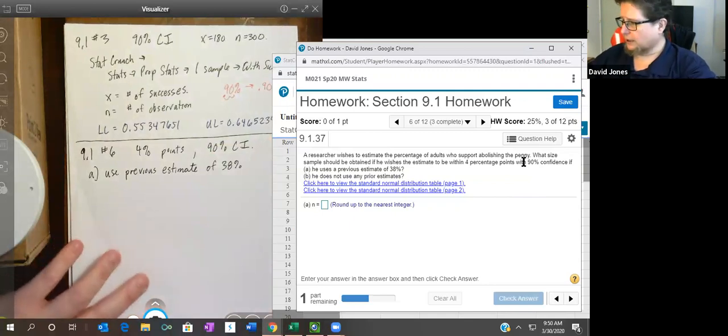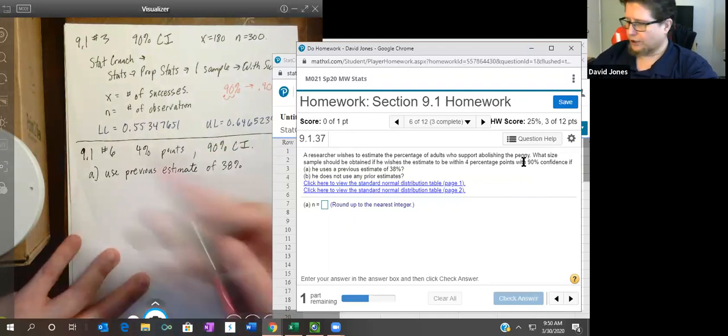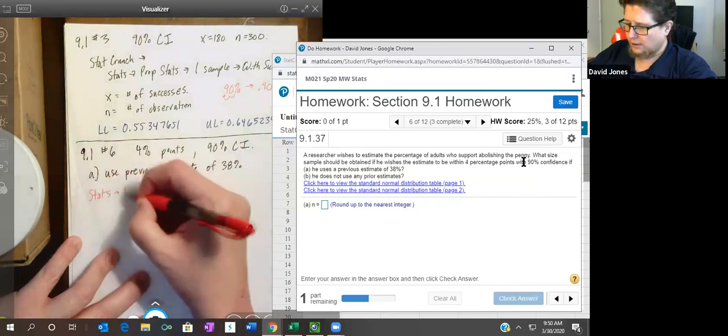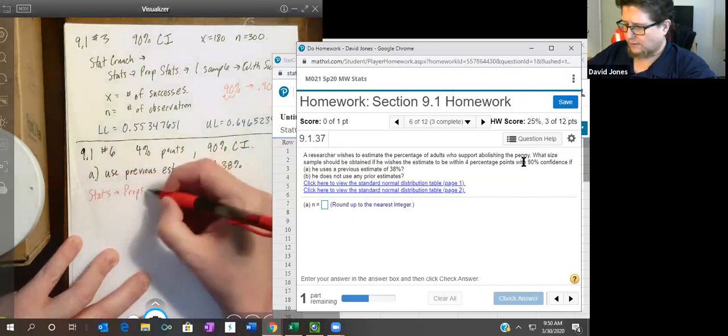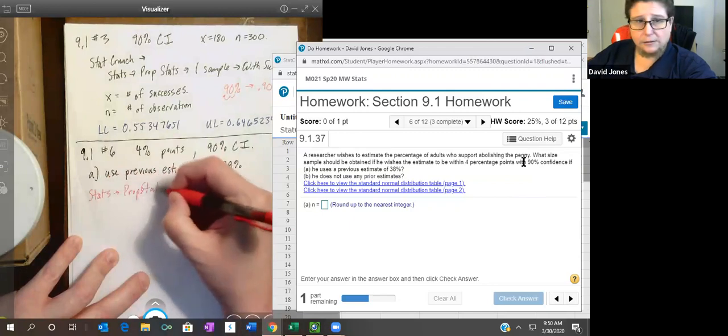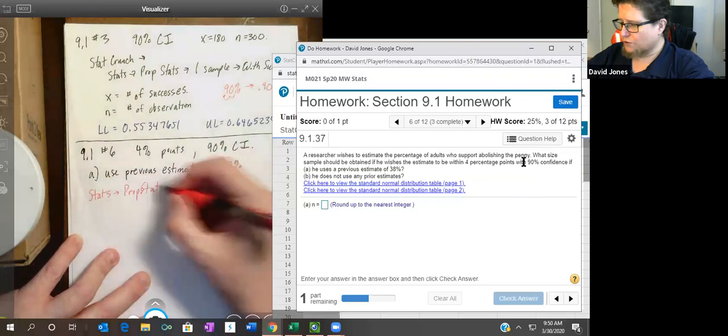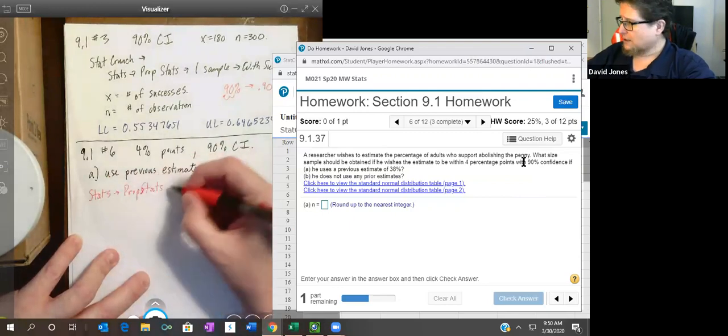What we're going to do here, so your command structure for this one, we're going to go, again, stats, proportion stats, one sample. But when they're asking what size sample, we don't know n. So that's what we need to compute.